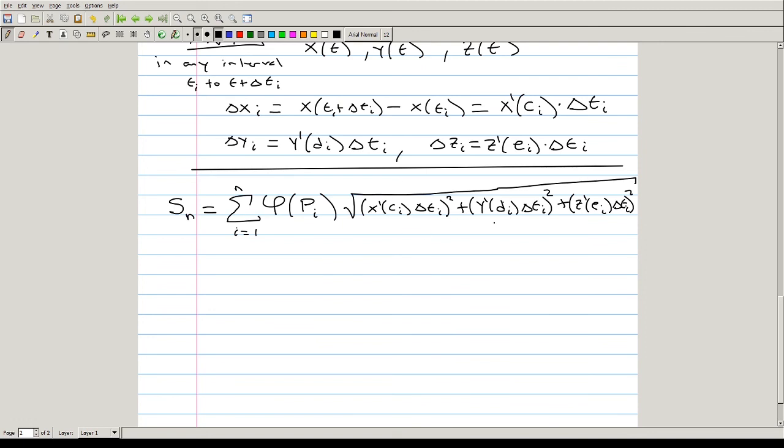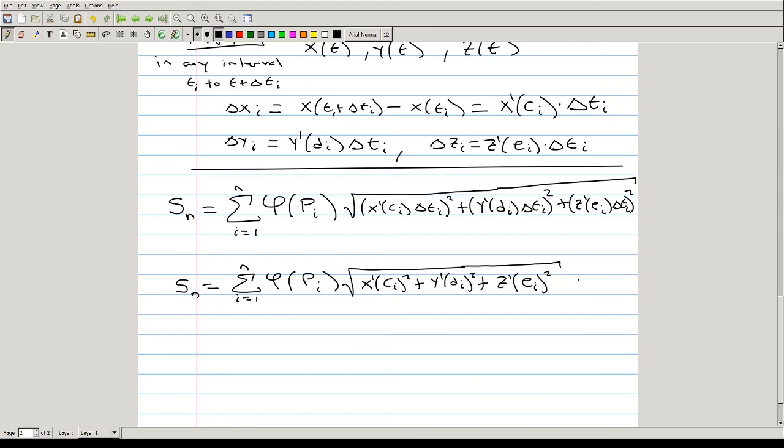We can factor out delta t_i squared to get that the Riemann sum approximation becomes the summation from i equals 1 to n of phi at p_i times the square root of x prime of c_i squared plus y prime of d_i squared plus z prime of e_i squared, all times delta t_i.